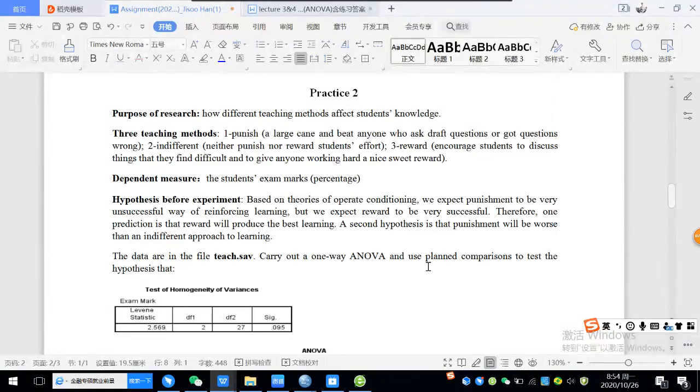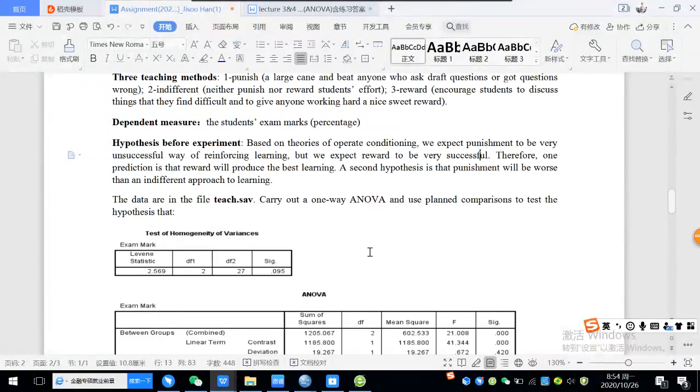We expect reward to be very successful. Okay, so based on the theory, we think therefore one prediction is that reward will produce the best learning. Second is that punishment will be worse than the indifferent approach to learning.